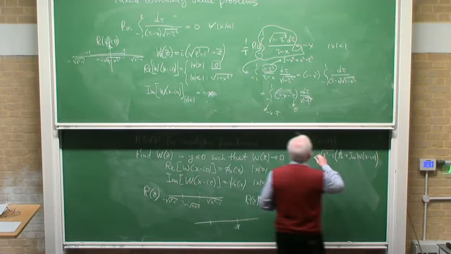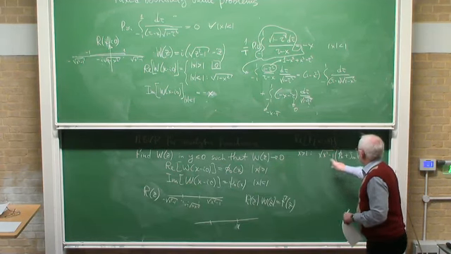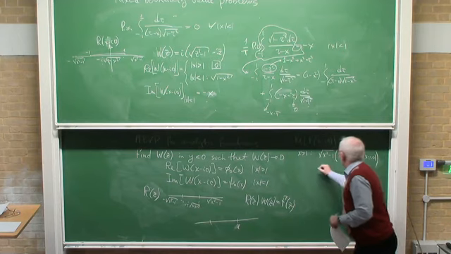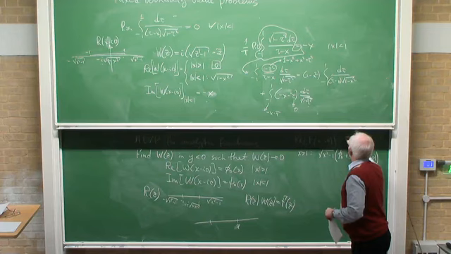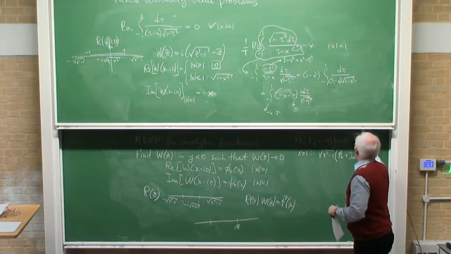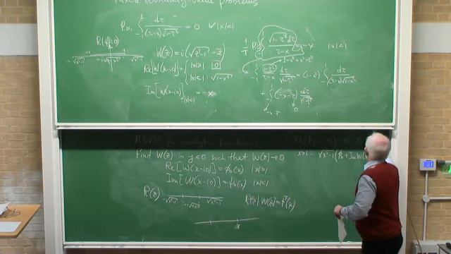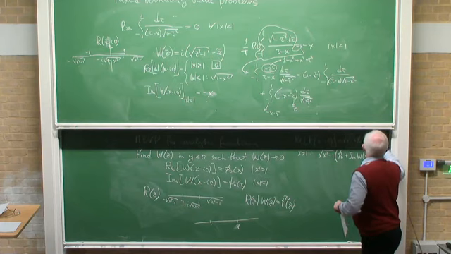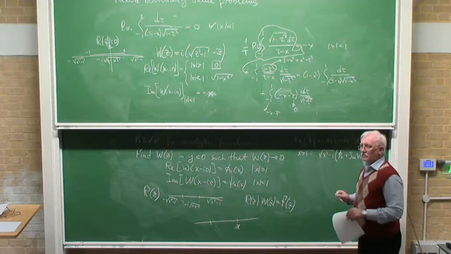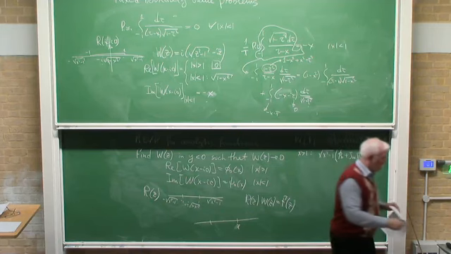Then the real part is the product of these two. So the real part is equal to the square root of x squared minus 1 times phi 0 of x, where x is greater than 1. Right?